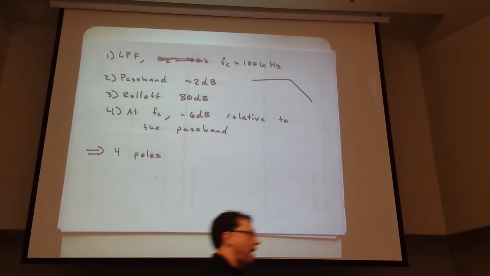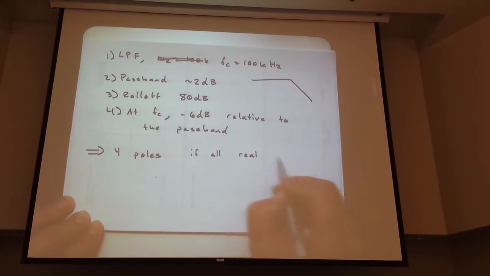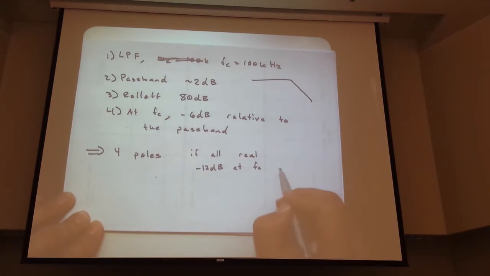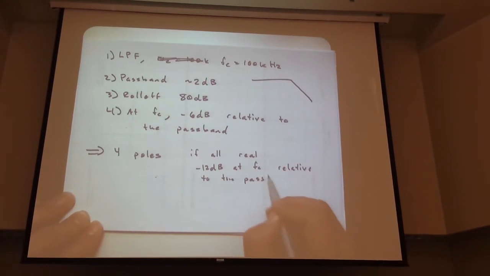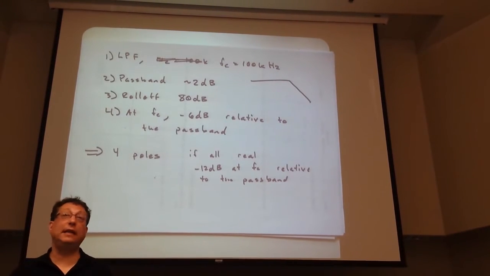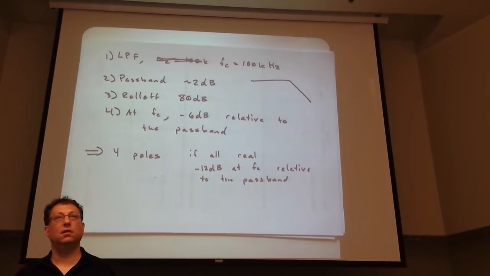So normally we would have minus 12 dB at FC relative to the pass band if all our poles are real. Well, minus 12 dB, that's not spec. Spec was minus 6 dB relative to the pass band. What does that mean for us? We must have an underdamped circuit.